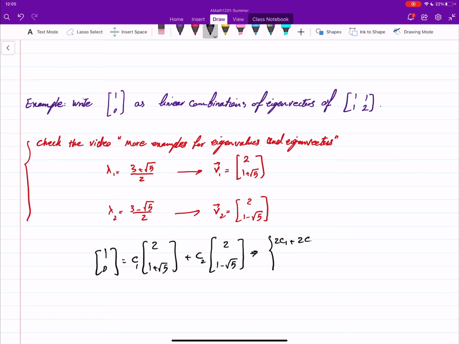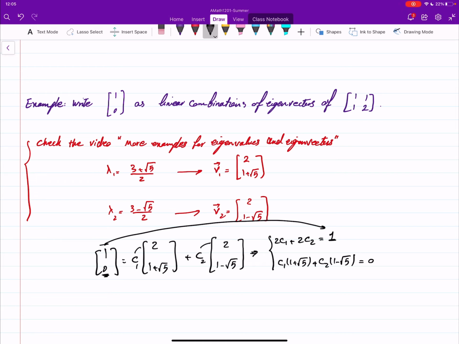The first component: C1 times 2 plus C2 times 2, you get 2C1 plus 2C2 is equal to 1. And if you multiply the coefficients to the second component, you get C1 times (1 plus root 5) plus C2 times (1 minus root 5) must be equal to the second component of the left hand side, which is 0.